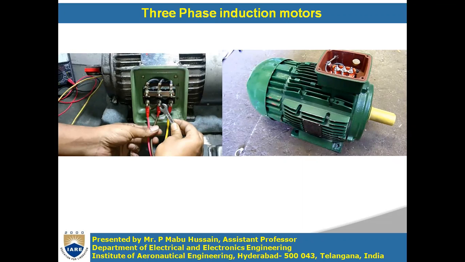This star delta starter will be used only when all 6 terminals of the induction motor are outside. If your induction motor has only 3 terminals outside, then you cannot go for a star delta starter. You must use the DOL starter only.